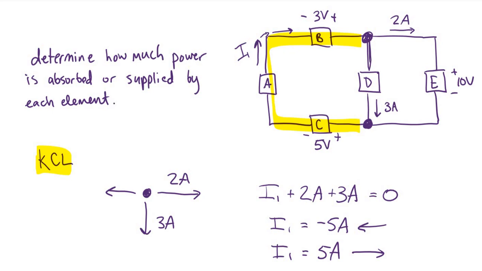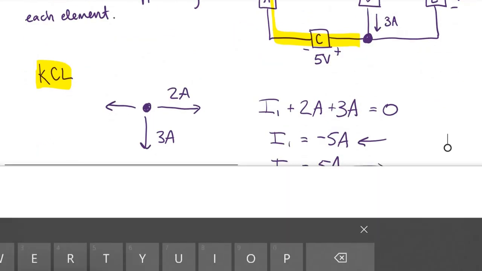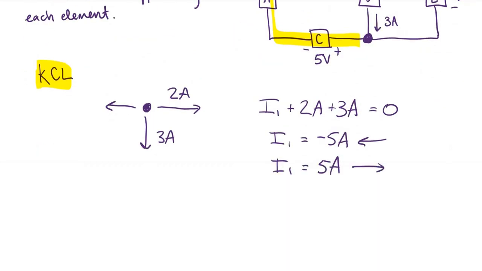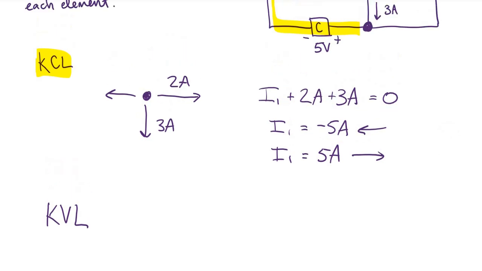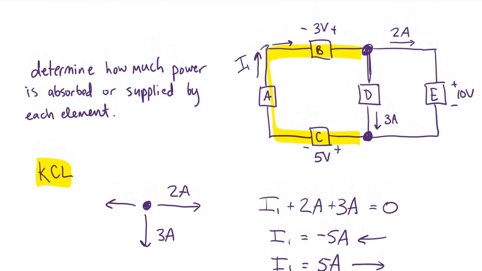Because I'm looking for power absorbed or supplied by each element, and we're going to find that by calculating the current through and the voltage across each element, we now know the current through all of the elements. So we're going to move on to finding the voltage across those elements. Okay, so looking now at KVL, we can use any closed loop for our analysis.